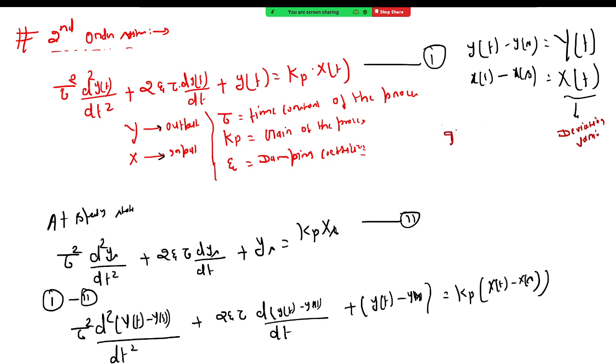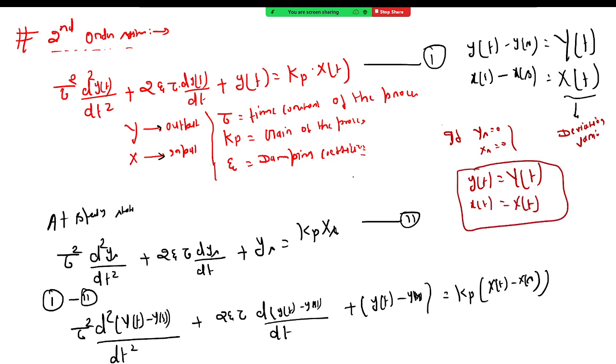But if your ys is 0 and xs is 0, then your small y(t) will become capital Y(t), and your small x(t) will become capital X(t). This is the essence of this thing that you need to understand, because if there is a steady state value, then you have to use that steady state value, right? It's very convenient to use and solve correctly, right?